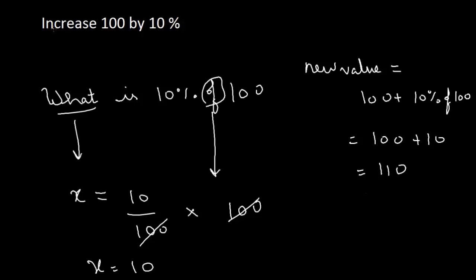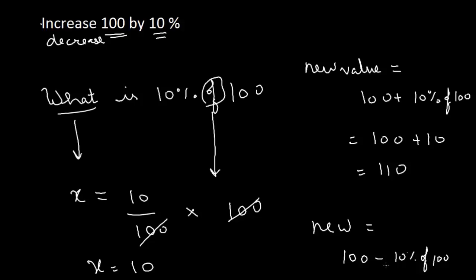Now similarly, if instead of increase we had decrease in the question, the first part of it would remain the same. That is, we find 10% of 100 to be equal to 10. However, here we have to decrease the term by 10% of itself. So we write the new value is equal to 100 minus 10% of it.